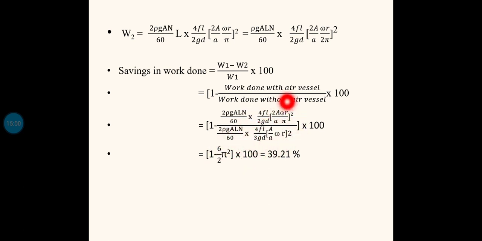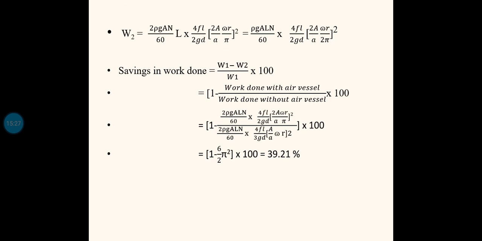That will be the final term. You simplify this on paper. You will get (1 minus 6 by 2 pi square) into 100. So if you substitute pi equal to 3.14, you will get 39.21% of work saved by fitting an air vessel in the case of a double acting pump. In the case of a single acting pump, it was very high. We can save a lot of work, but in the case of a double acting pump, by fitting an air vessel, this much work can be saved, that is 39.21%.